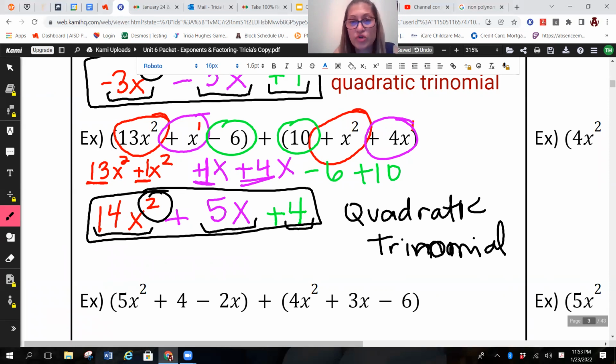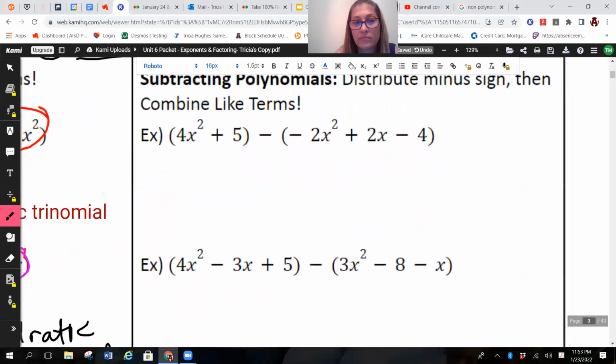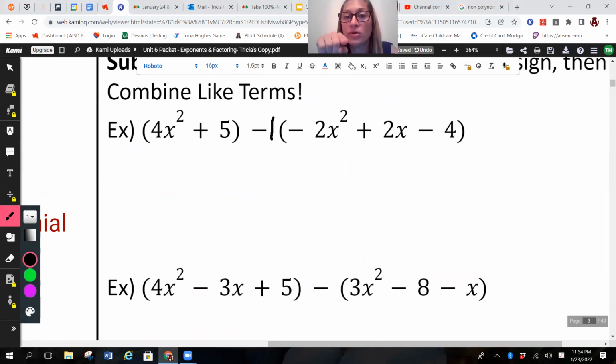All right, let's hop over to subtraction. With subtraction, you need to use what you learned in 7th grade, which is the distributive property. We want to think as if this is a negative 1, and it needs to multiply to every term after it.